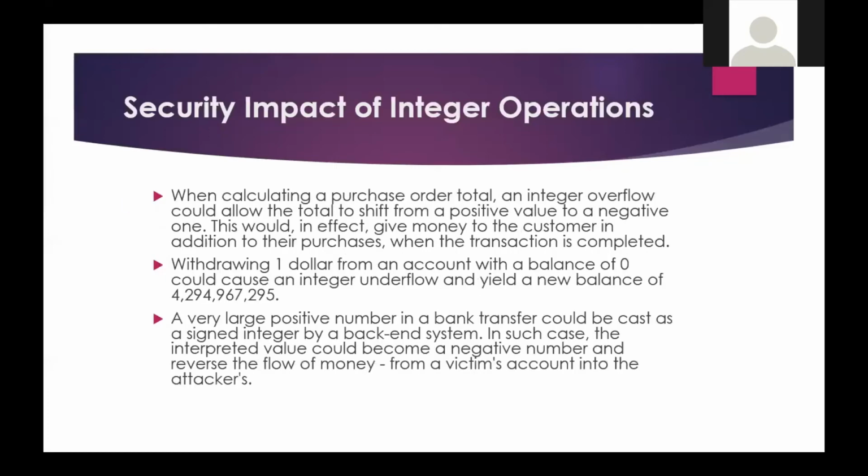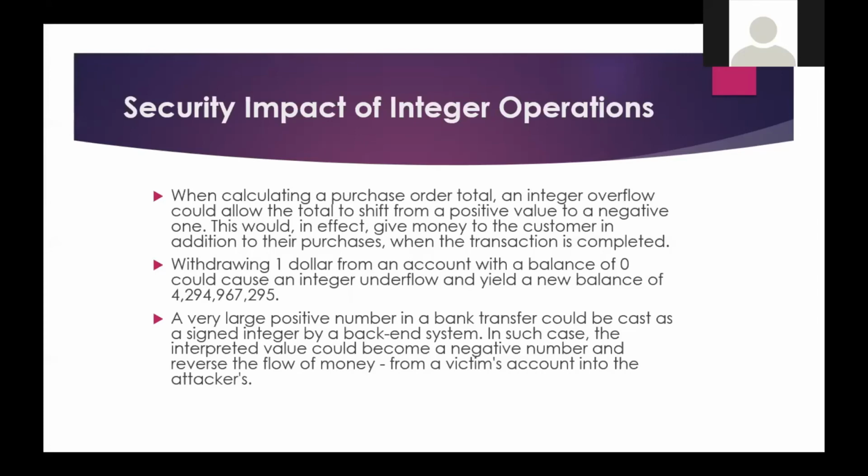When calculating a purchase order total, an integer overflow could allow the total to shift from a positive value to a negative value, which is a disaster because you're losing money over here. This would have the effect of giving money to a customer in addition to their purchases, which technically means you lose money.